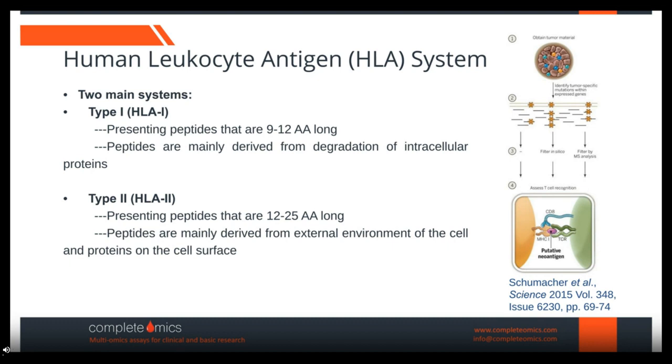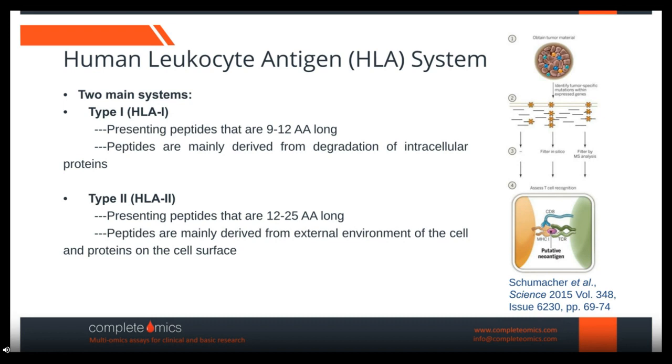These peptides are typically 9 to 12 amino acids long and are produced from digested proteins that are broken down in the proteasome inside the cell. Antigens presented by MHC class 1 attract T lymphocytes called killer T cells that destroy those cells.